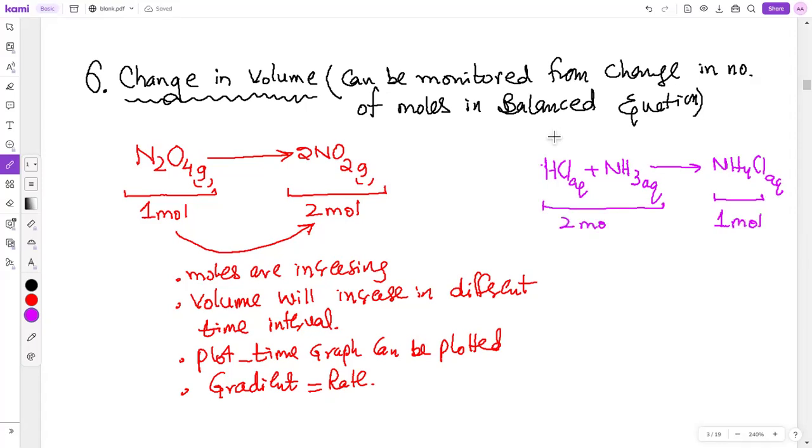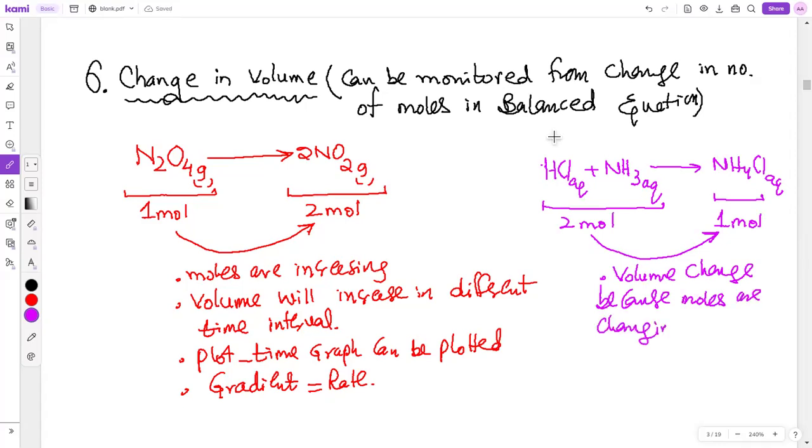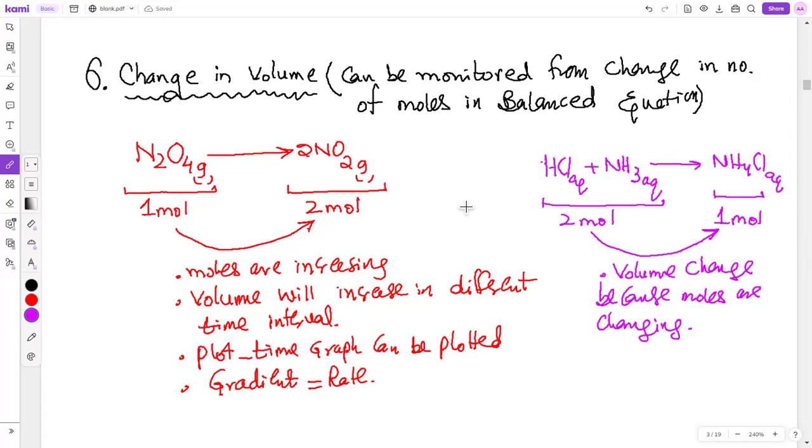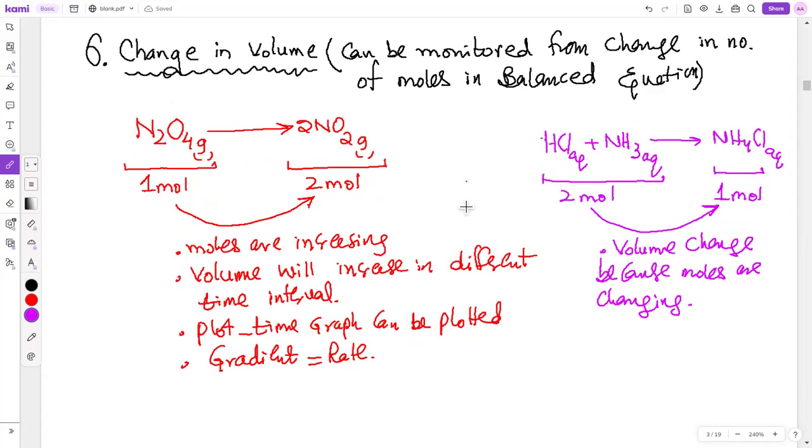So once again, you can clearly see that the volume is changing because moles are changing. Mole change corresponds to volume change. So we have devices which measure this volume change, and then we can make a volume time graph. So this was the sixth method, which was based on volume change.